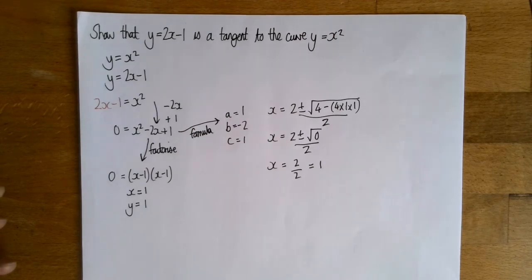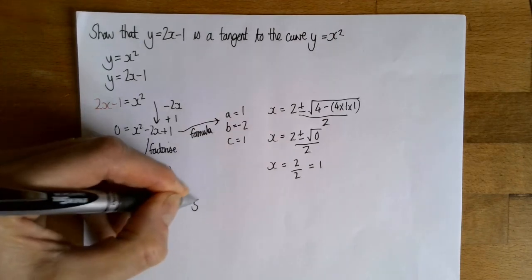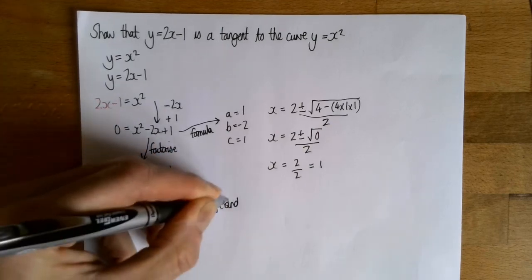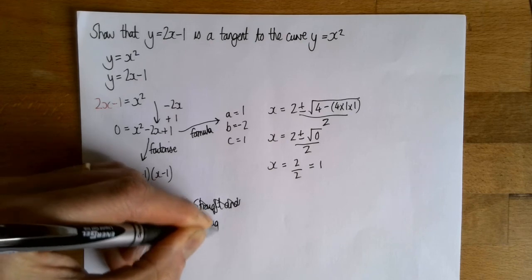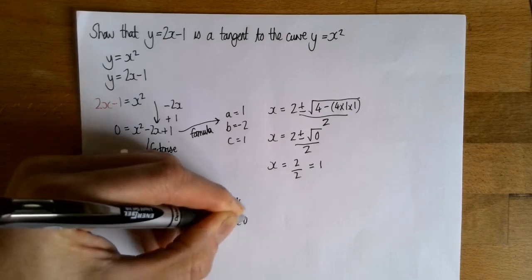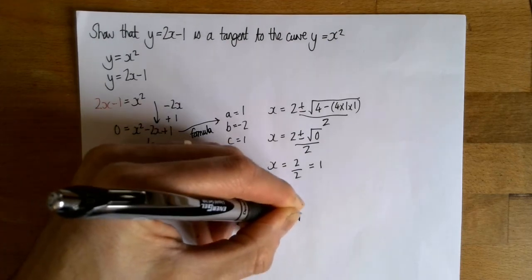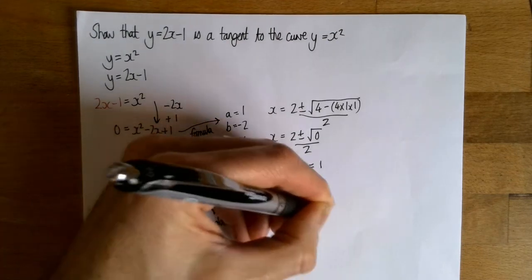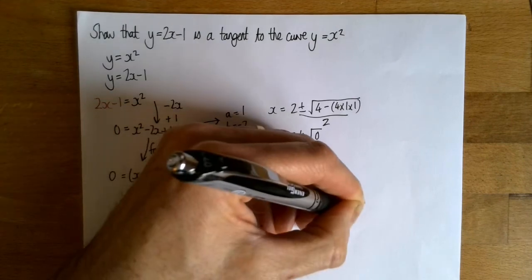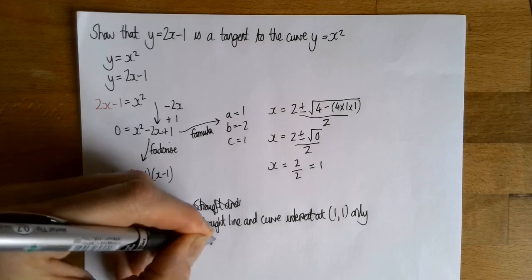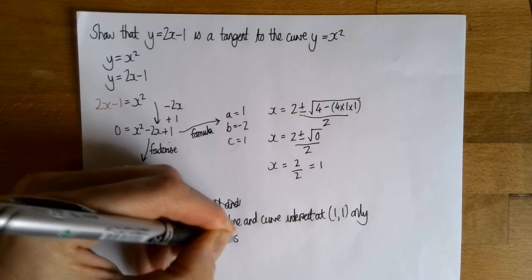So what that means is the straight line and curve intersect at 1, 1 only, and this means that the straight line is a tangent to the curve. This means that the straight line is a tangent.